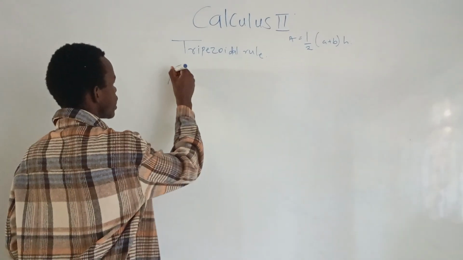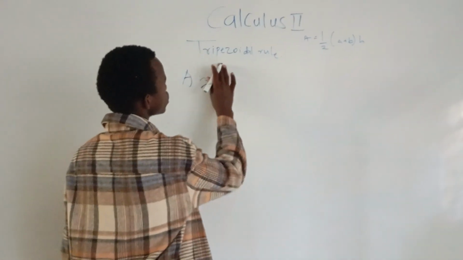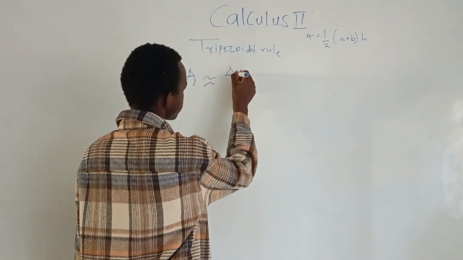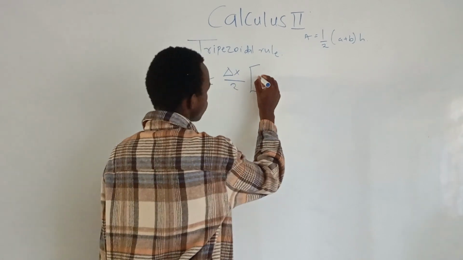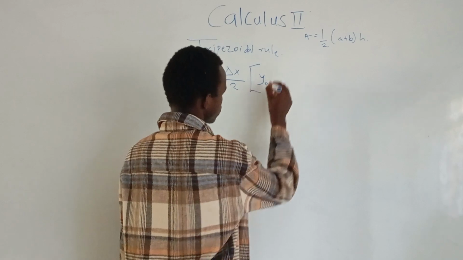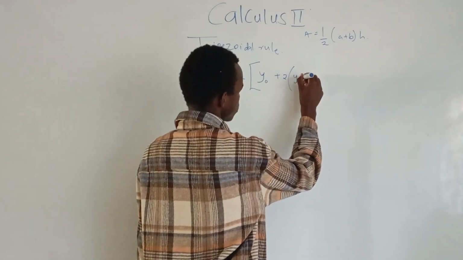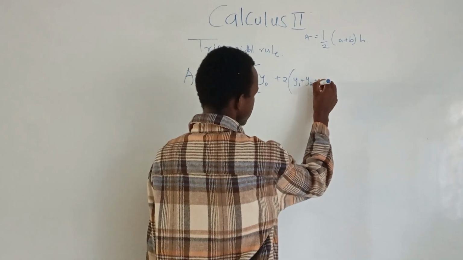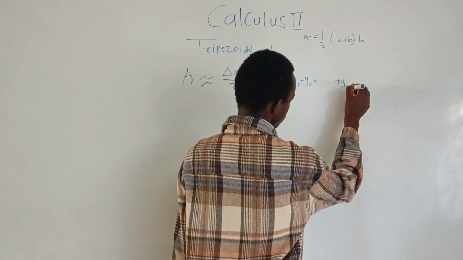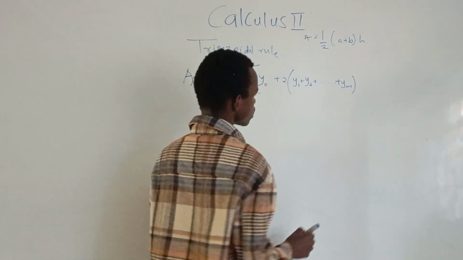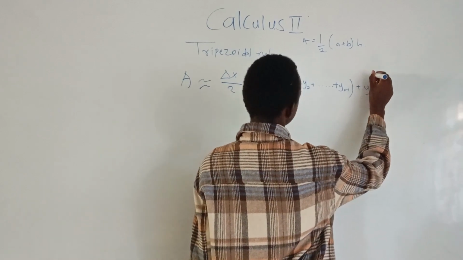So we'll say the area of any integral or any curve using the trapezoidal rule is approximated to be delta x divided by 2 into y0 plus 2 into (y1 plus y2 and continue till y(n minus 1)), then we add yn.